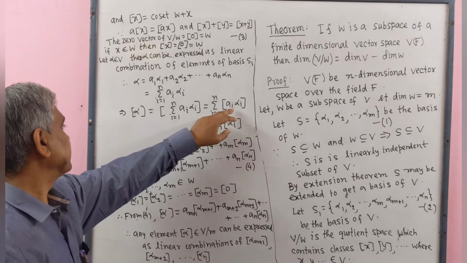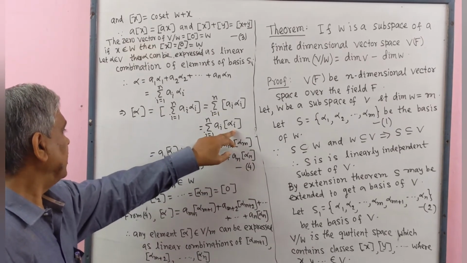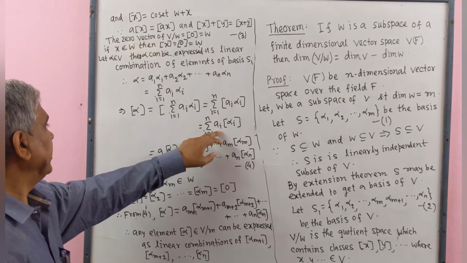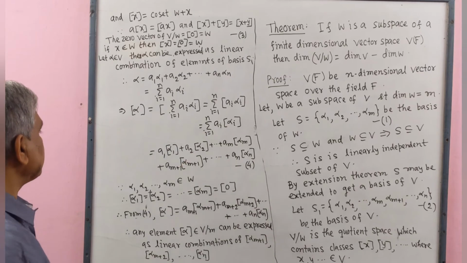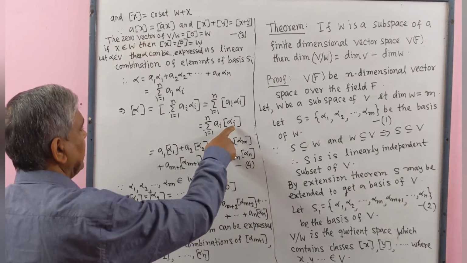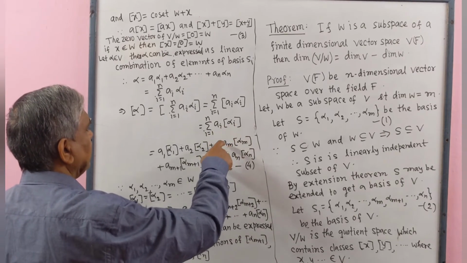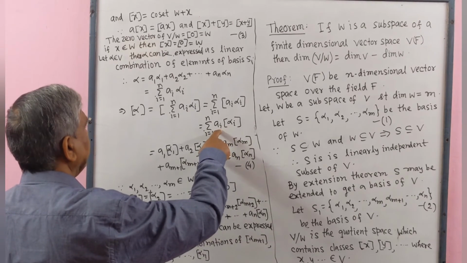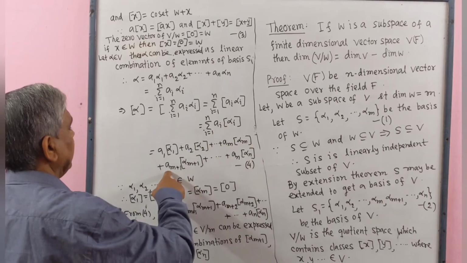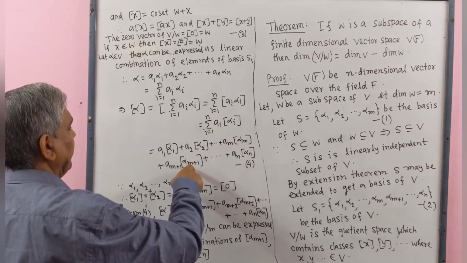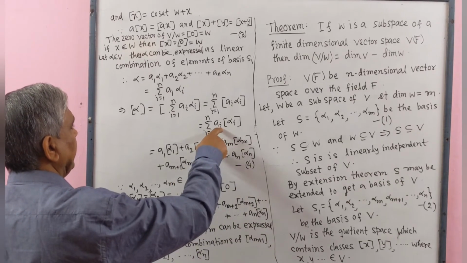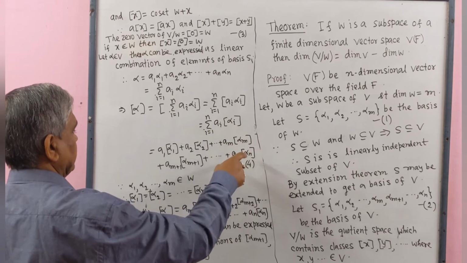We may take ai outside, here alpha i class. If we expand this, we get a1 alpha 1 class plus a2 alpha 2 class plus a3 alpha 3 class plus dot dot dot am alpha m class plus am plus 1 alpha m plus 1 class plus dot dot dot an alpha n class. This is number 4.